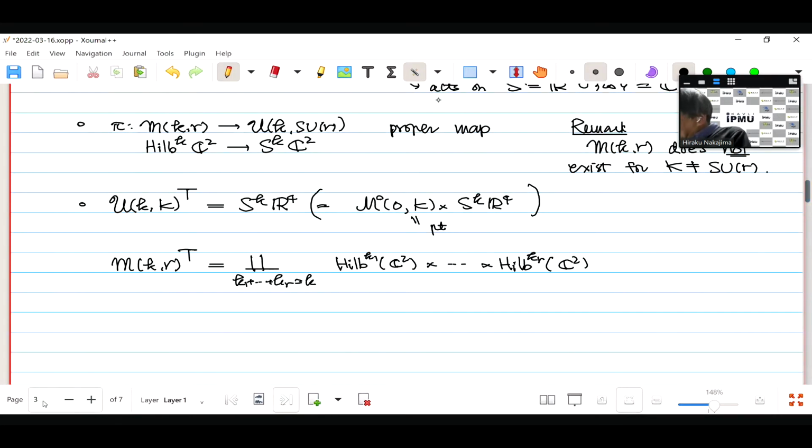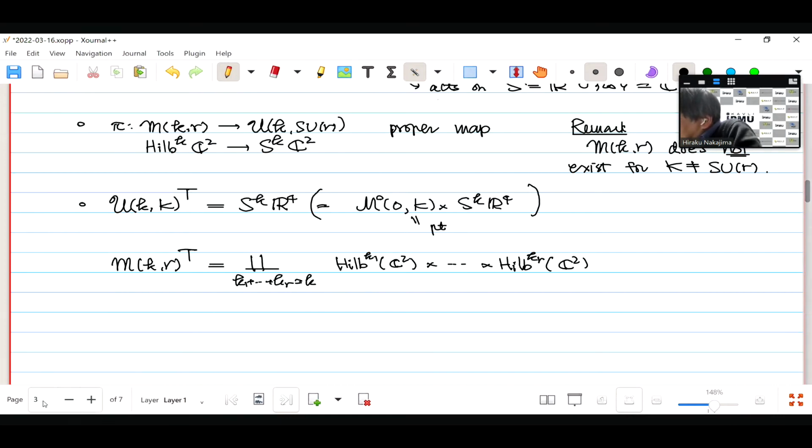So somehow M(K, R) of T can be considered as colored configurations of points on C^2, but this configuration itself is not a genuine configuration of points. It is refined to be a Hilbert scheme of points. But you have R colors, and so you have this kind of description.